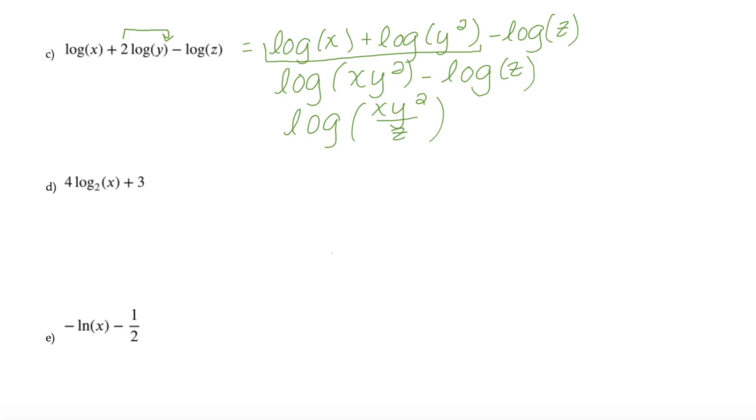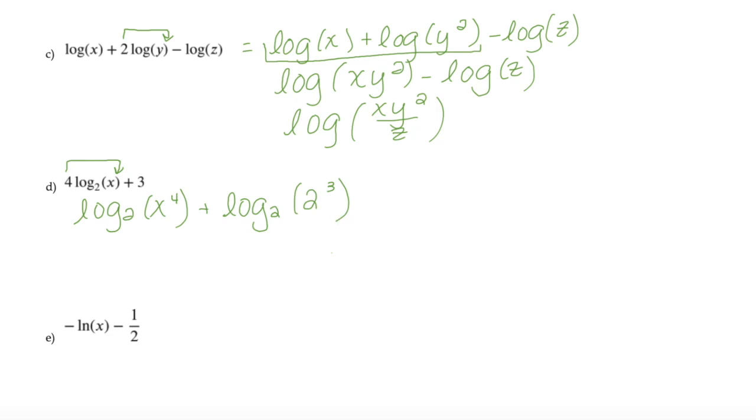I'm going to rewrite this first of all by taking my 4 and putting it back up with my x, so that I have log base 2 of x to the 4th power. And then I'm going to rewrite 3 as log base 2 of 2 cubed.